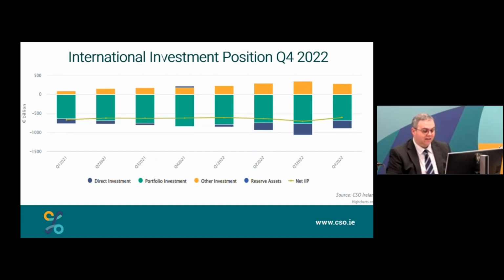And looking at our net international investment position at the end of quarter four, it stands at minus 607 billion euros, which is an increase of 98 billion on the end of September position. And this increase is caused by several factors, including some corporate restructuring, exchange rate changes, and other routine changes in the quarter. And the change is predominantly driven by changes in non-financial corporations and other financial intermediaries.